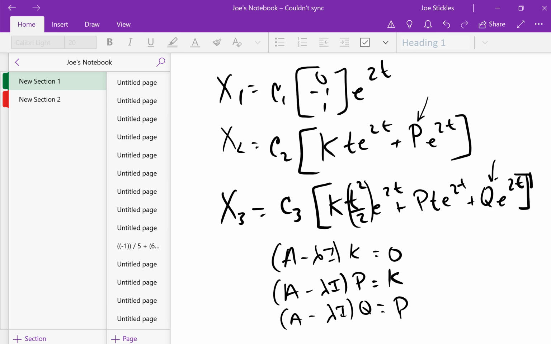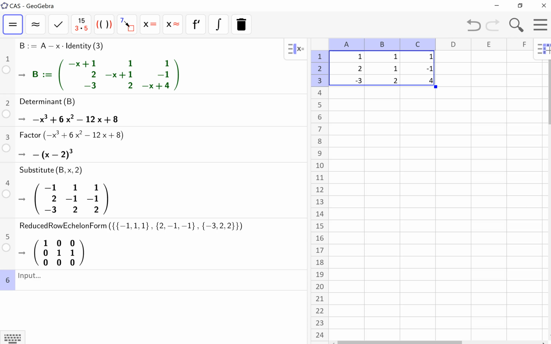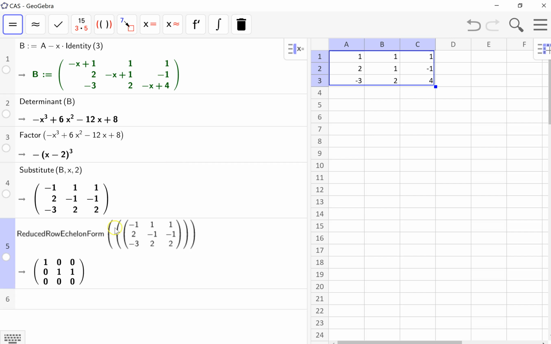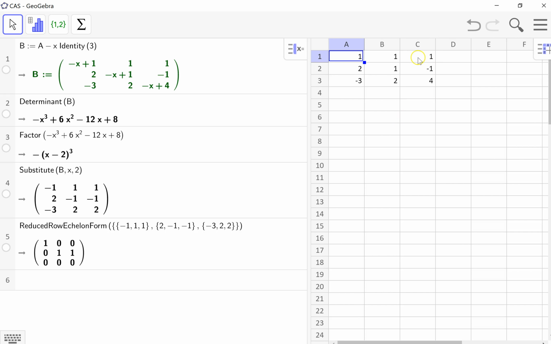All right, so going back over to GeoGebra, this is where we've subtracted 2 off the diagonal. This is A minus lambda I right here. I need to augment that particular matrix, and I can't grab it in the line above. So I'm just going to retype the matrix after subtracting 2 off.